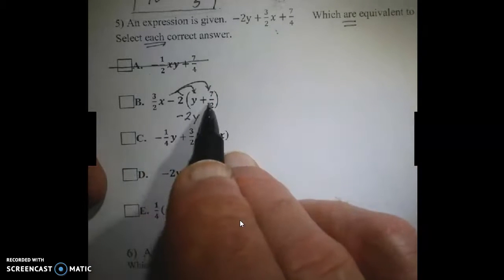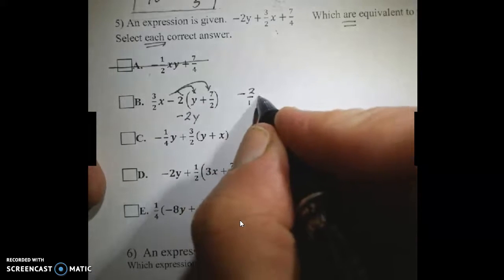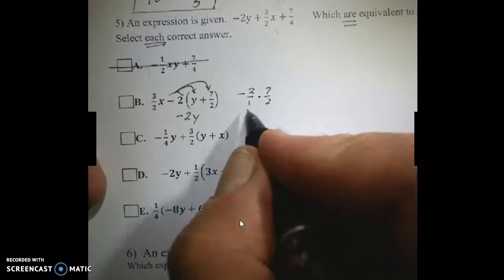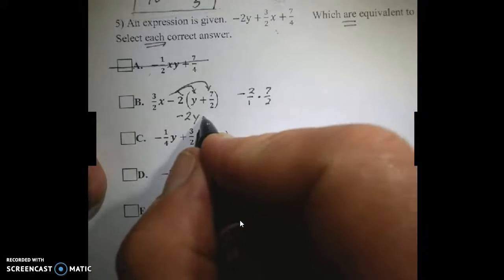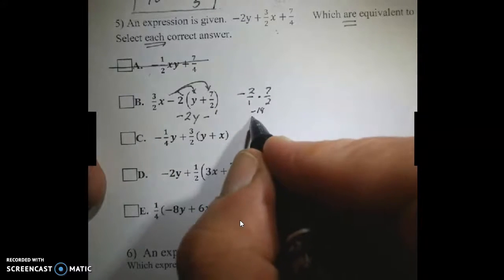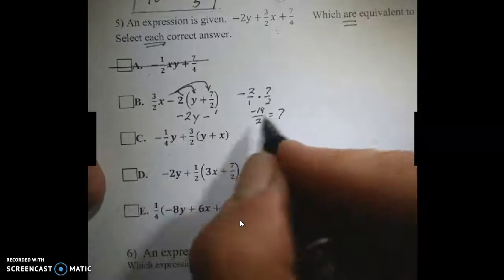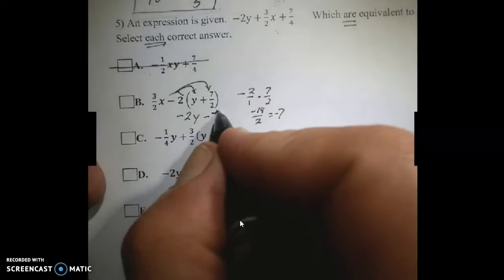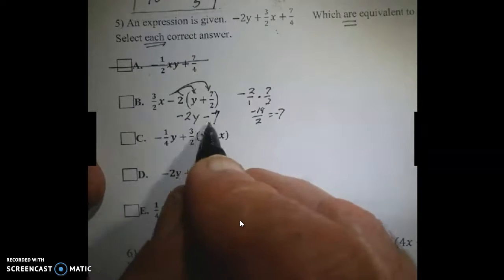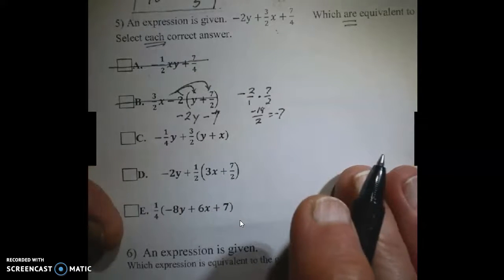But now negative 2 times 7 halves, that would be negative 2 over 1 times 7 over 2. That's going to be a minus 14 over 2, or a minus 7. That does not work. 2y minus 7 does not match up with our problem, so that is not a good answer.